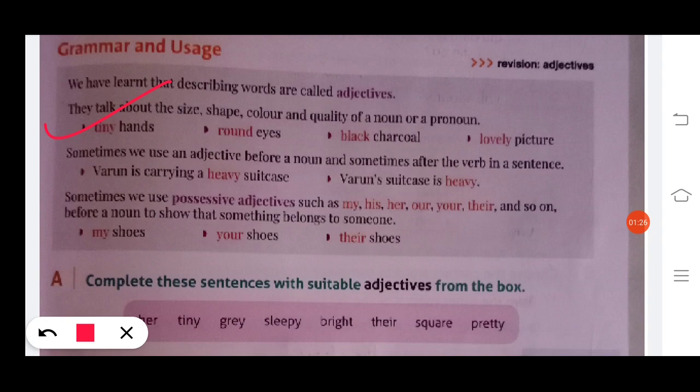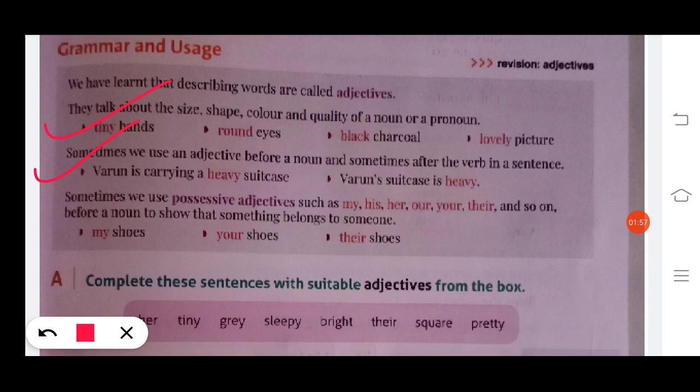Black charcoal, lovely picture. Sometimes we use an adjective before a noun and sometimes after the verb in a sentence. Example, Varun is carrying a heavy suitcase. Second example, Varun's suitcase is heavy. So children, what does this point tell us? It tells us that adjectives can be used before a noun, and sometimes after the verb.